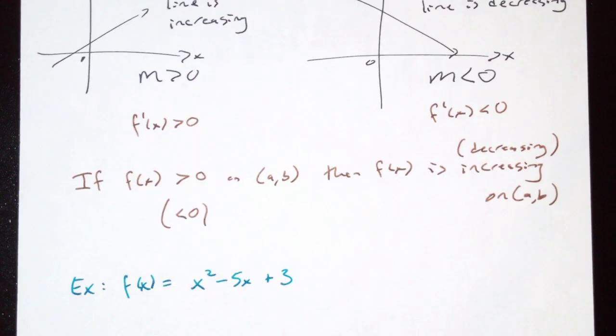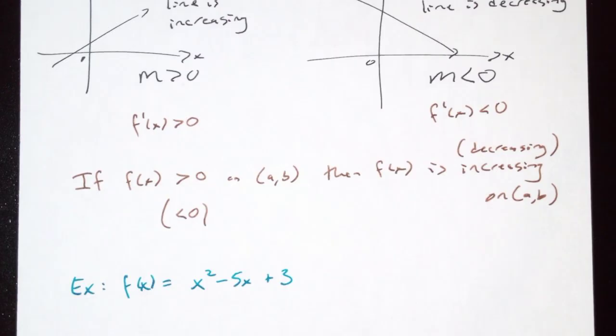What is the shape of this graph? This is my parabola. And this one opens upward. Now think about walking across this curve going from left to right. The left side is coming down. The right side is going up. I just need to know where it changes.